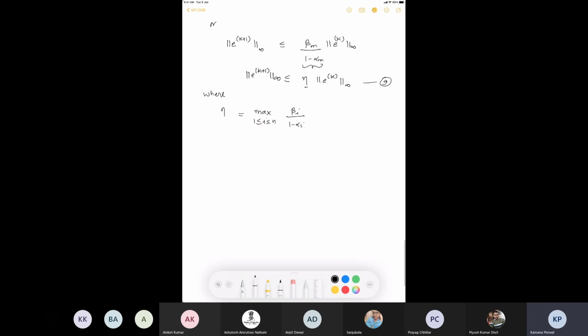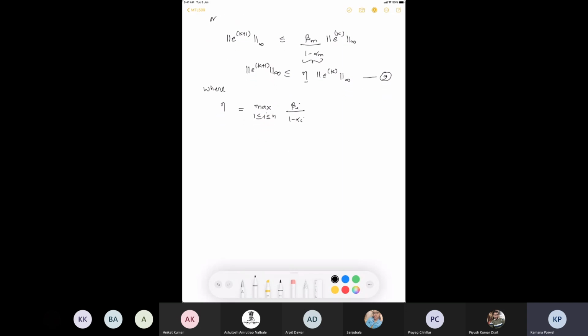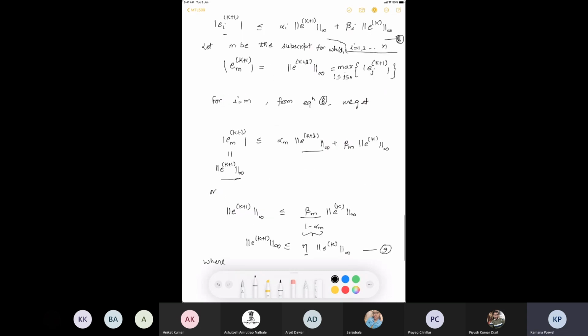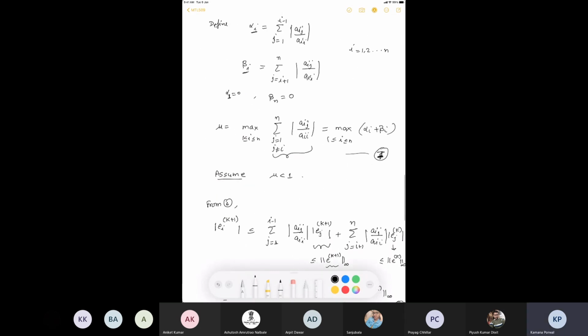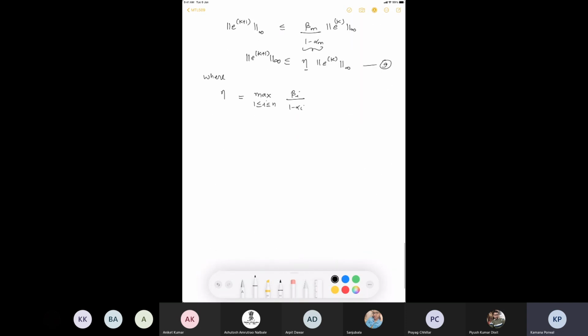So for that, I know that mu is the maximum of alpha i plus beta i, right? And here eta is the maximum of this ratio. So let's consider this difference. So let's take alpha i plus beta i, and here we have beta i divided by 1 minus alpha i. Right? So let's consider this difference for each i.